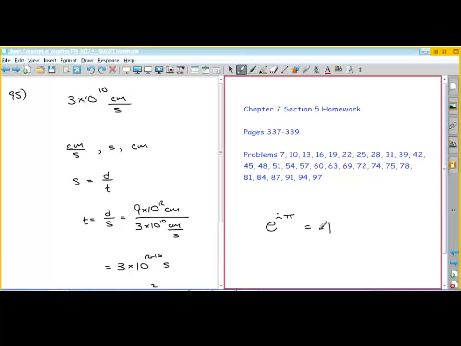And I'll give you my 2-minute explanation: you find out that e to the i times some value, like an angle theta, is equal to the cosine of theta plus i times the sine of theta.